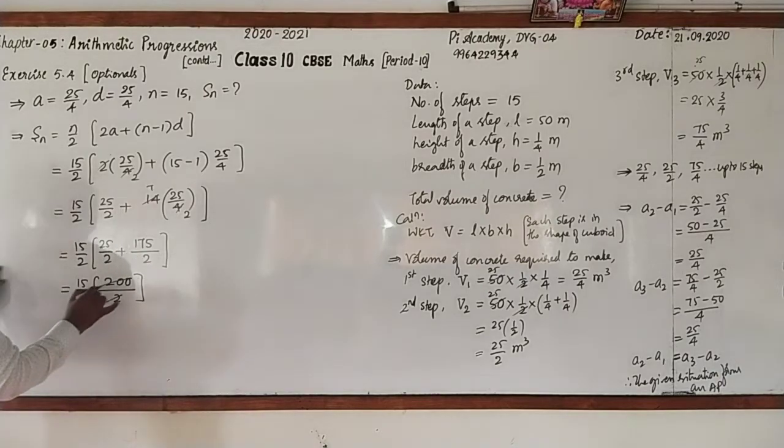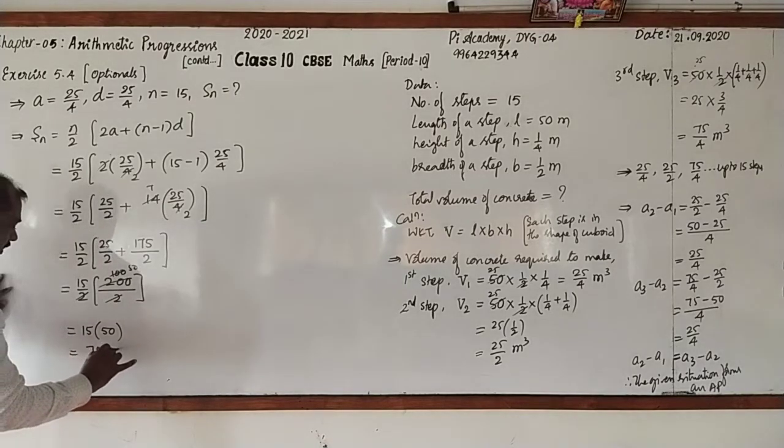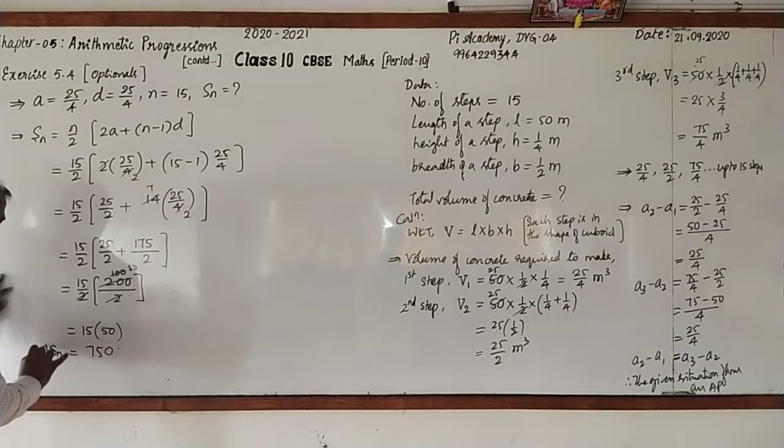Cancel it. 2 1s are 2, 2 100s are 200, 1s are 50s. So it is equal to 15 into 50. 0, 15, 5s are 75. So 750 meter cube. So this much volume of concrete is required.